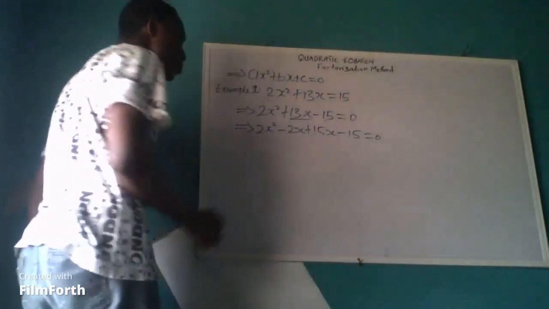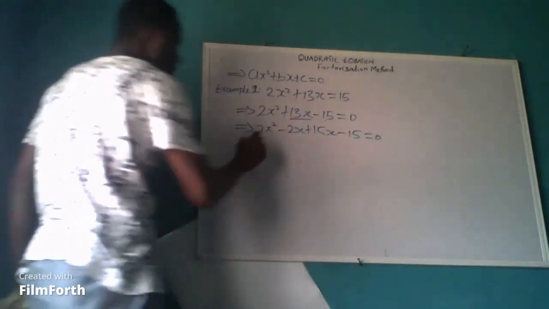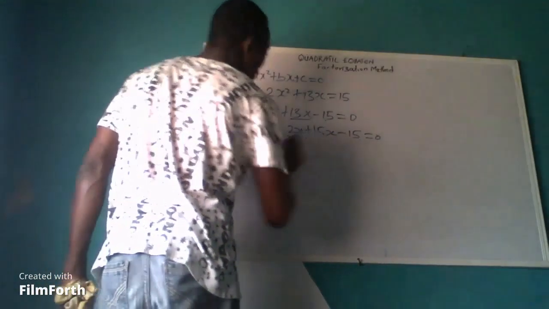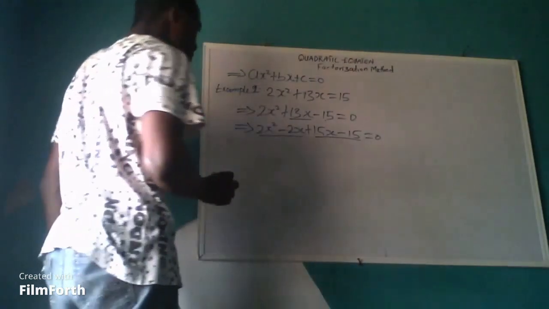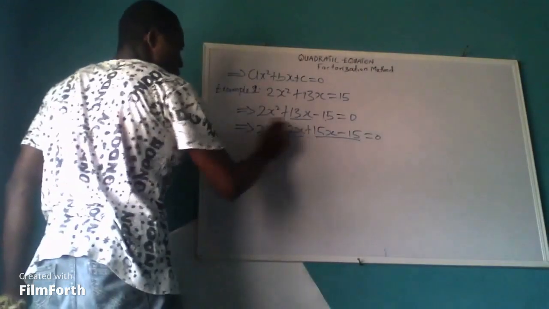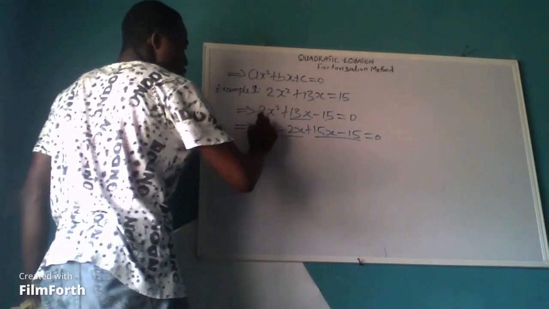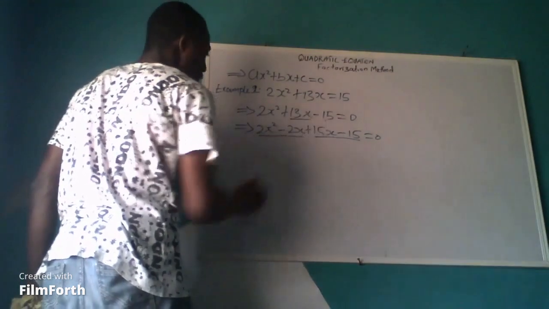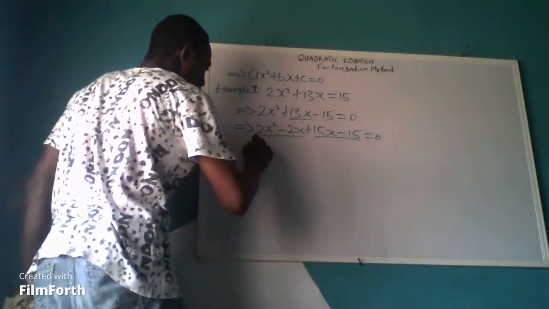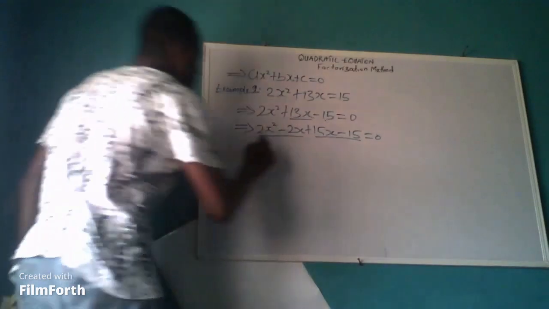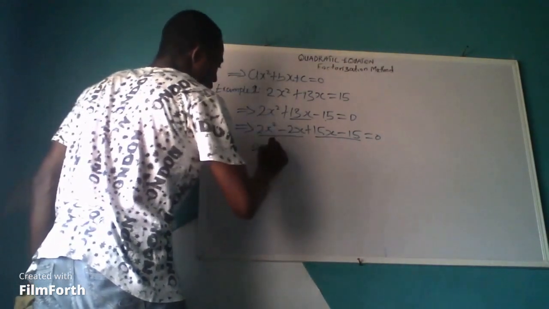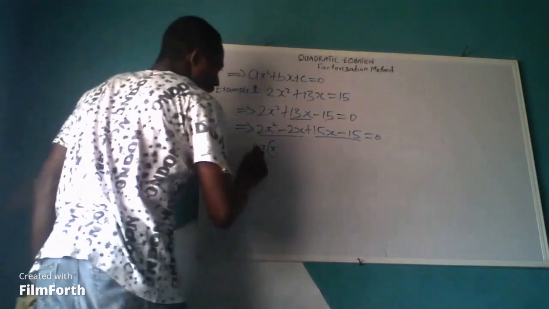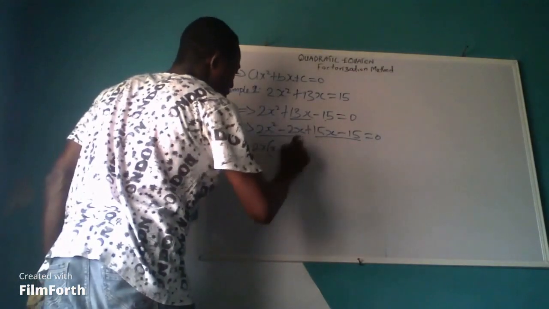Having done that, we quickly group this expression. This and this have something in common. Let's look at the common factor between 2x squared minus 2x. The common factor is 2x. You bring it outside, then open brackets. 2x in 2x squared, x. 2x in minus 2x, that is 1.